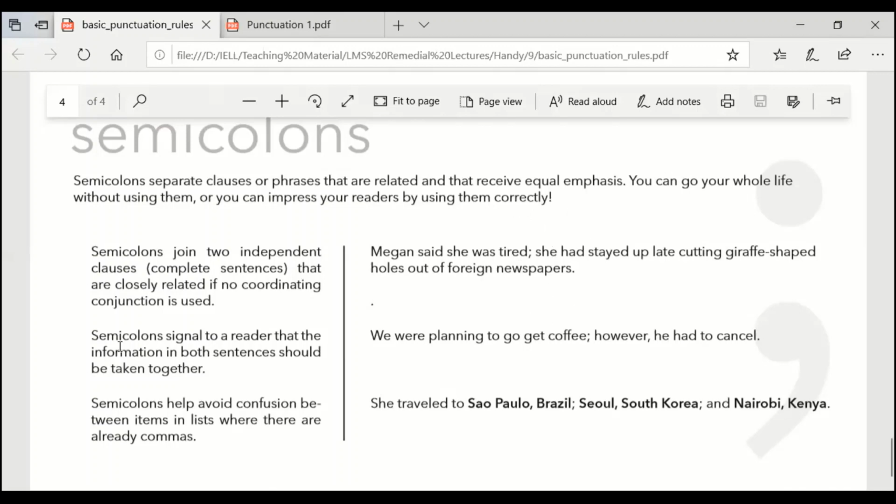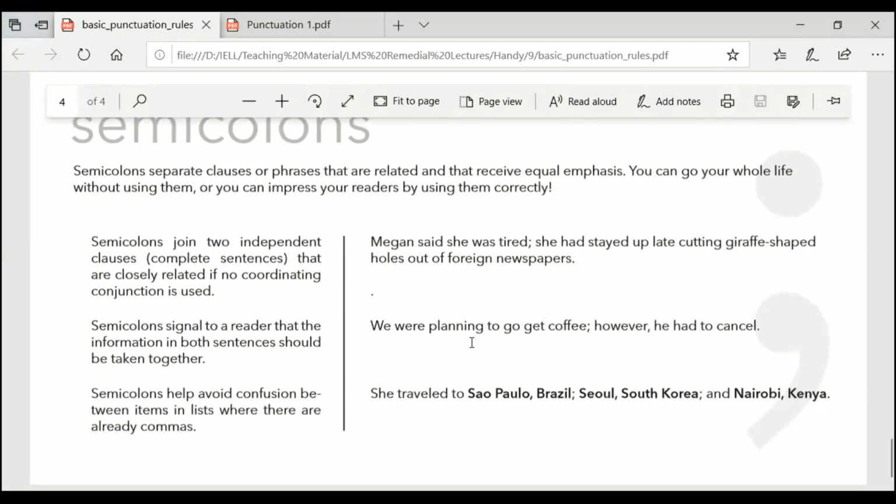A semicolon signals to a reader that the information in both sentences should be taken together. That means these two things are related and always go together. We were planning to go to get coffee; however, he had to cancel. That's what we have to keep in mind when using semicolons.